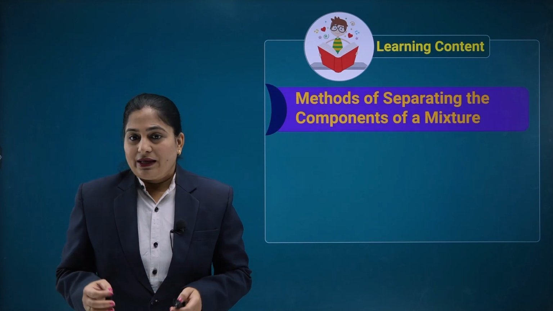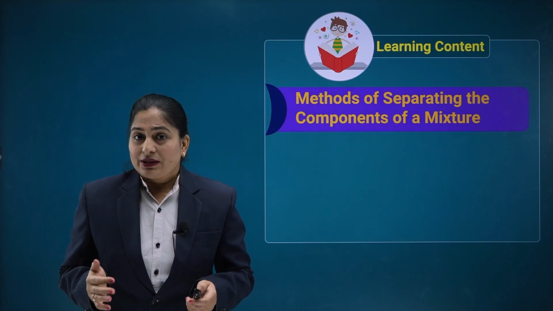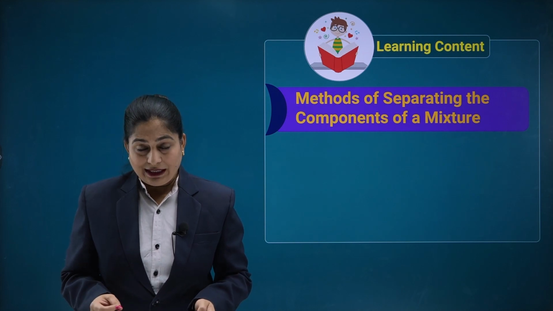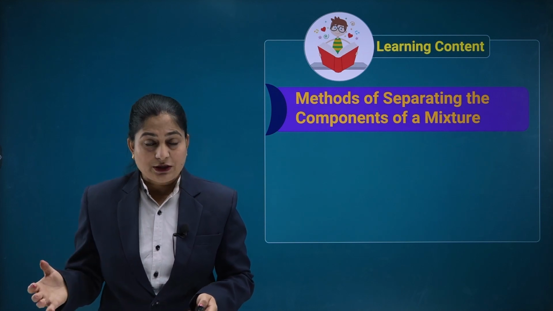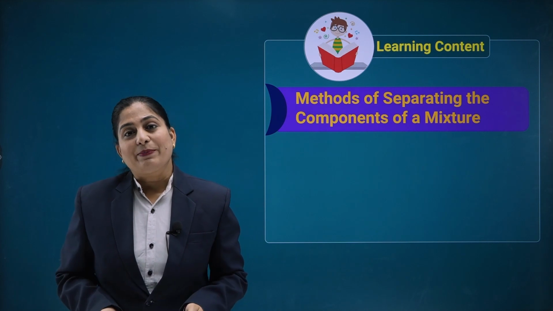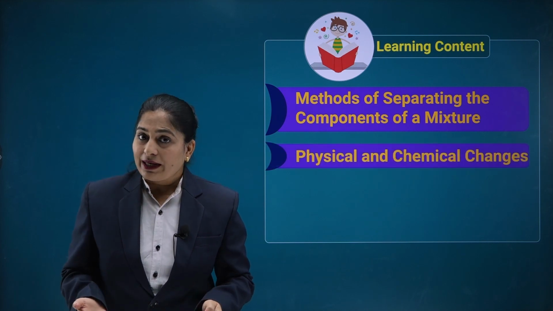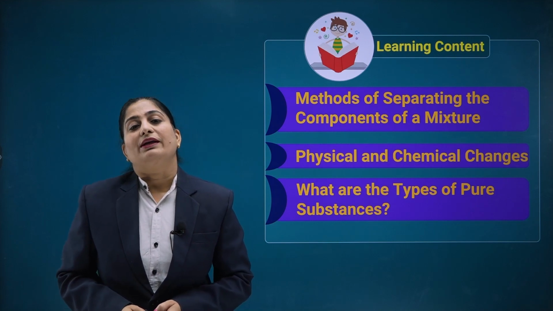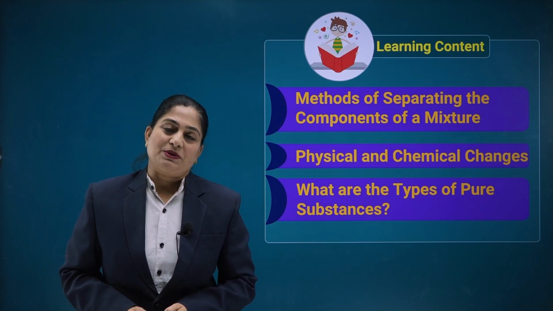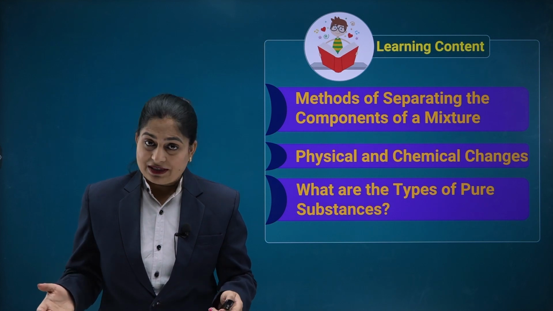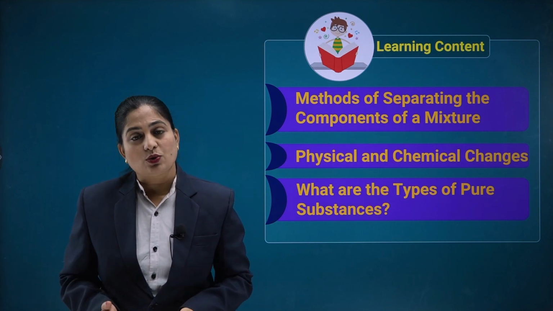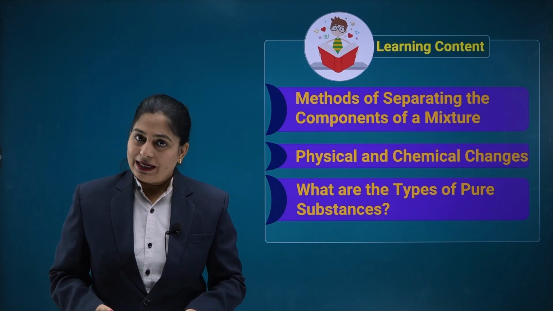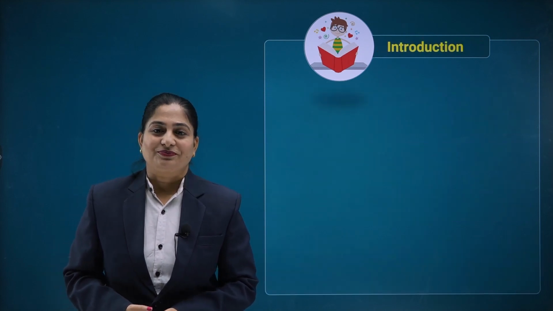Now we'll discuss the methods of separating the components of a mixture also. That means मिक्सचर में जो जो कंपोनेंट्स प्रेजेंट हैं उनको कैसे सेपरेट किया जाए. फिर हम बात करेंगे उनके फिजिकल और केमिकल चेंजेस की और फाइनली हम बात करेंगे टाइप्स ऑफ प्योर सब्सटेंसेस. So what are the various types of pure substances, that also we'll discuss here. These are the learning content for the chapter. Let us start.